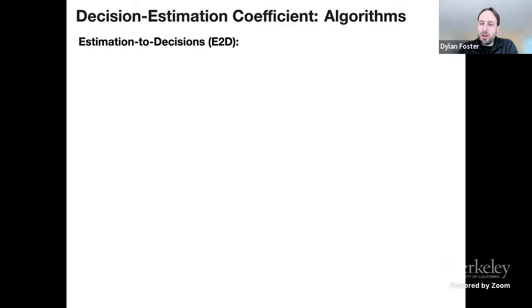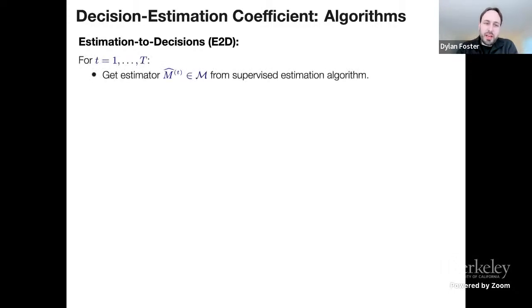I'll quickly walk through this. At each episode, we get some estimate for the MDP using a supervised estimation algorithm, which could be density estimation or something else. It gives me this estimator based on all the data I've collected up to this point.